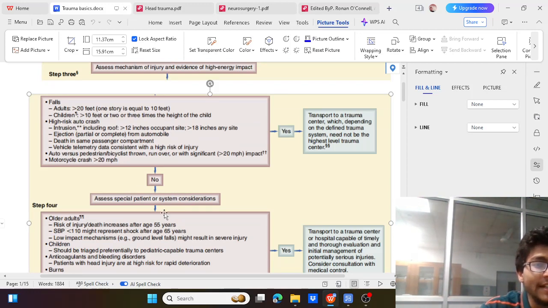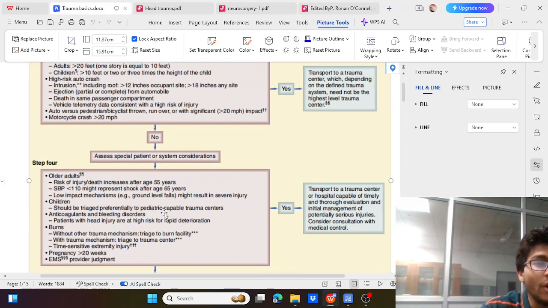If that is also not there, then we'll consider the systemic or comorbid conditions, like whether the patient was old, like the risk of injury and death is more after 55 years, BP less than 110 in 65 years, even that will represent shock, and low impact mechanisms like a fall while walking, even that might result in severe injury.